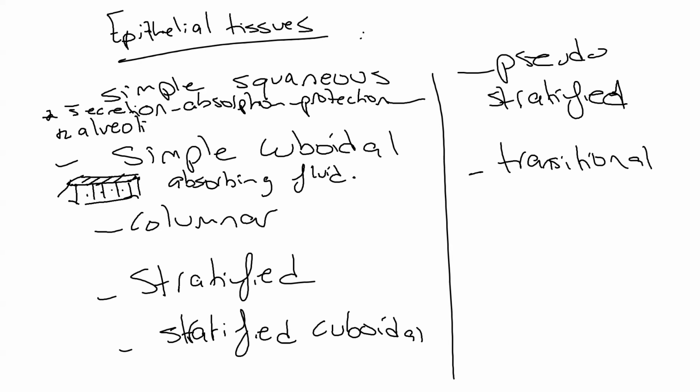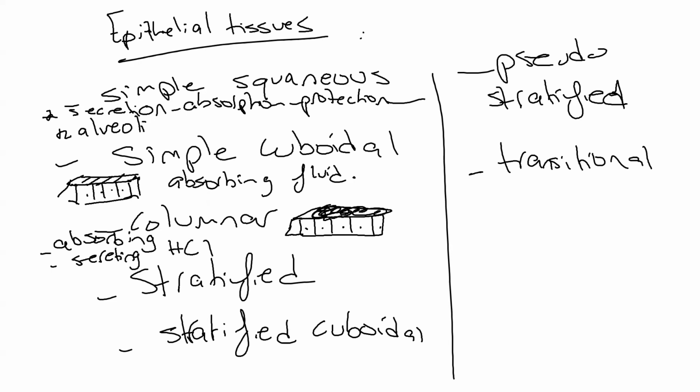The columnar will be looking like this. This helps in absorbing also like the simple cuboidal, so absorbing fluid and in secreting HCl or enzymes. So also in absorbing and secretion.